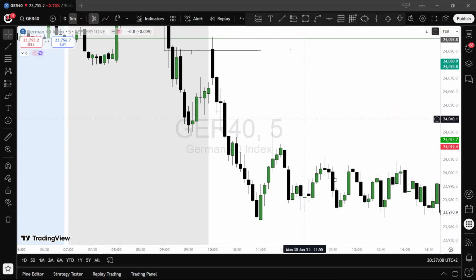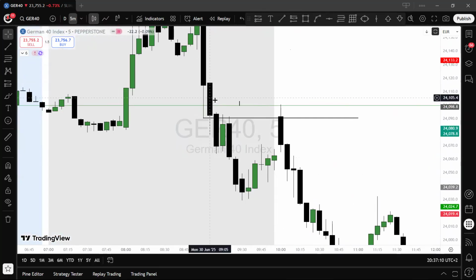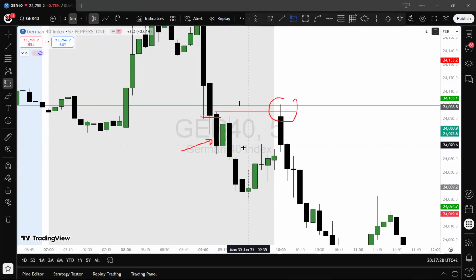If I zoom in, you can see this is the candle which breaks the ORB. Now, where does the stop loss go? If the stop loss comes here, there's a chance I might have been taken out before we go to 1:2. So let's see.